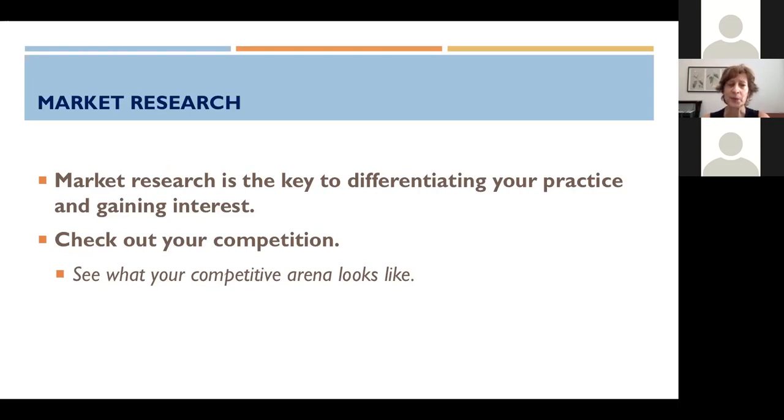One of the big things that people ought to do is market research. In market research, you find out what your public, your target market, wants. What do they want to know about you? What do they want from a product or a service that you are delivering? What are the rest of the people doing?